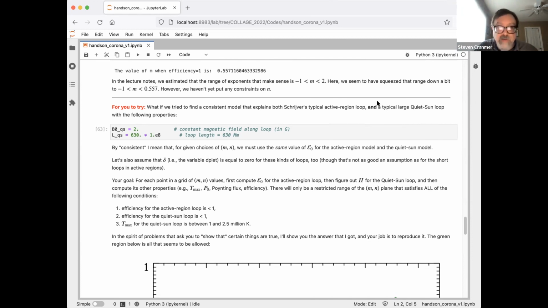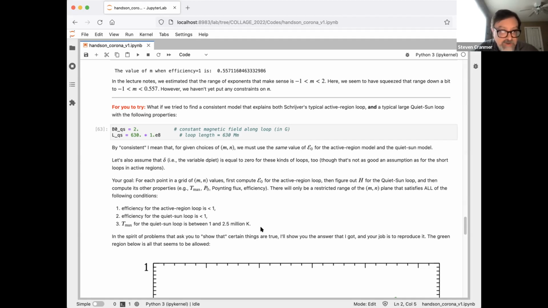What I mean by consistent is that if you've chosen a value of m and n, then you have to use the same value of that normalization constant in the efficiency for both models. So I give a little outline of what I think the procedure probably ought to be.